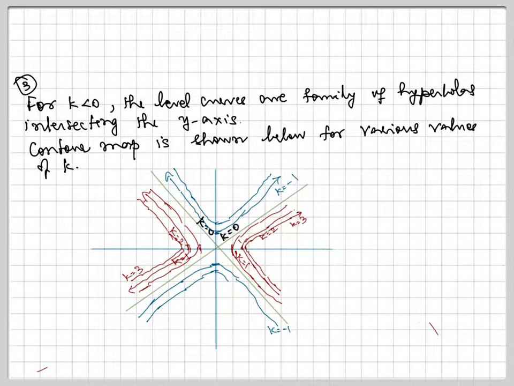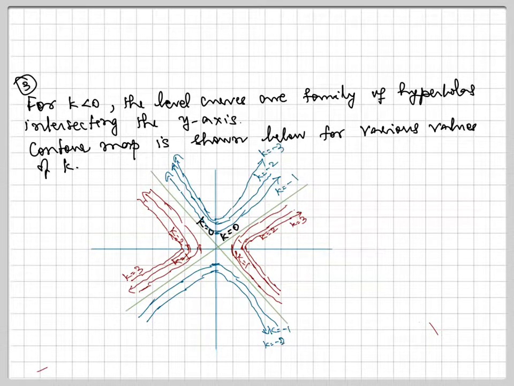And for k equal to negative 2, again, the branches of the hyperbola cross the y-axis at square root of 2 and negative square root of 2. So k equal to negative 3 will be hyperbolas crossing the y-axis at square root of 3 and negative square root of 3.